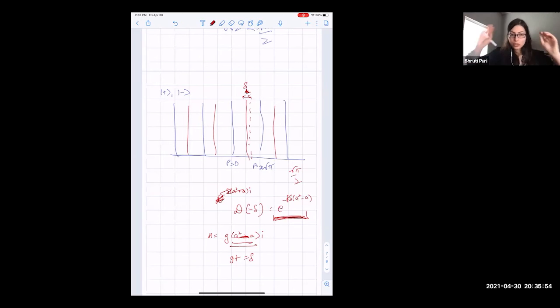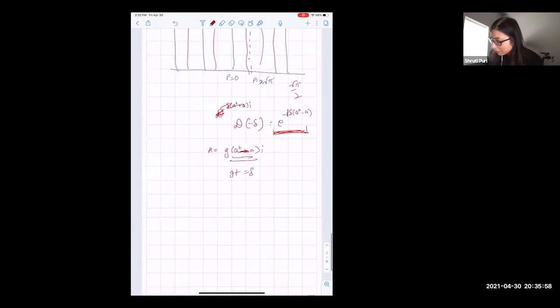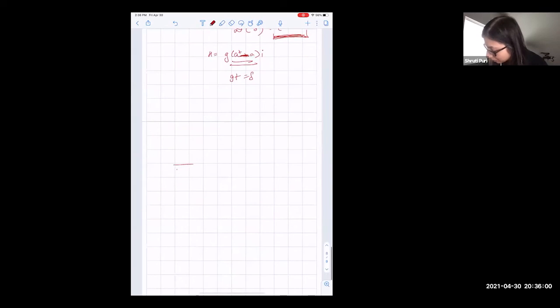I'm going to give that to you, just bear with me. Let me first give you the circuit. Suppose I have this GKP state, which has some errors in it. I'm going to look at my circuit here just to make sure I don't make any errors, because it's a little bit hard to explain.